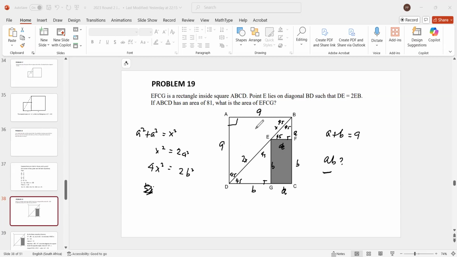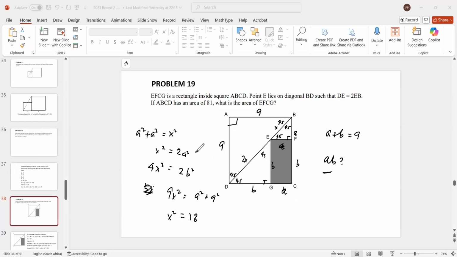So if you look at this triangle here, you'll have 9x squared, which is 3x squared, equal to 9 squared plus 9 squared. So this is 81 plus 81 is 162. So x squared is 18. Right? So the idea is to find AB.